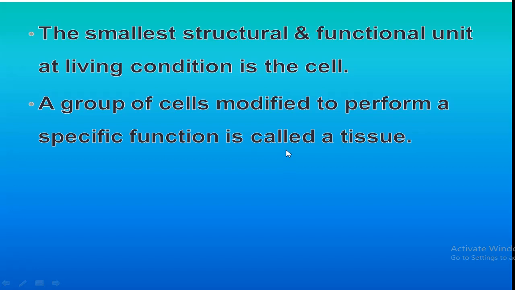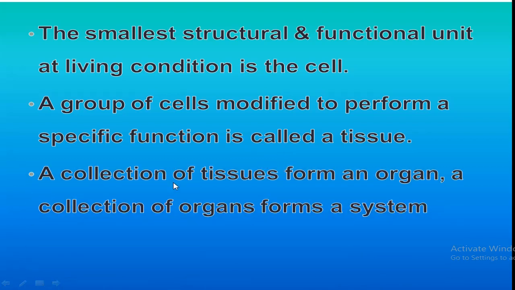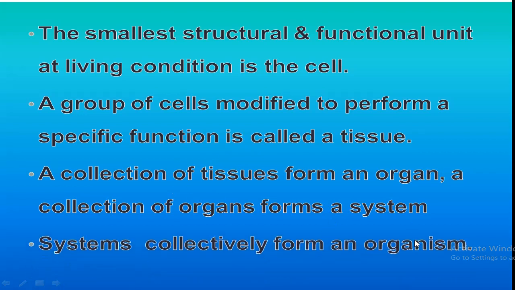The combination of a number of cells forms a tissue. A collection of tissues forms an organ. A collection of organs forms a system, and systems collectively form an organism. This is the cellular organization of the organism.